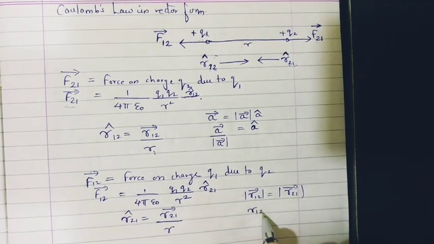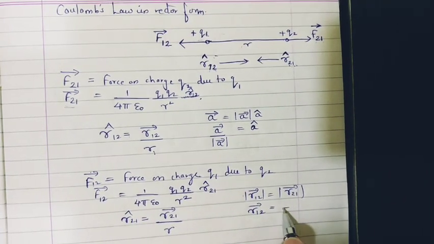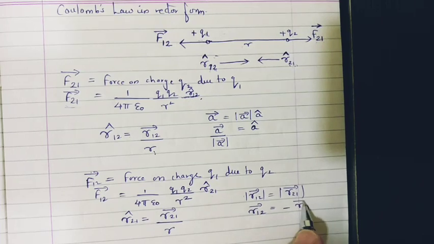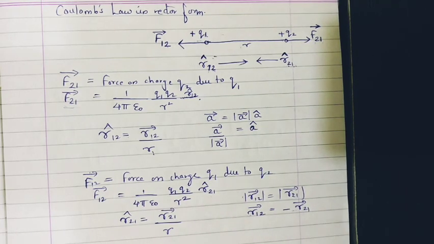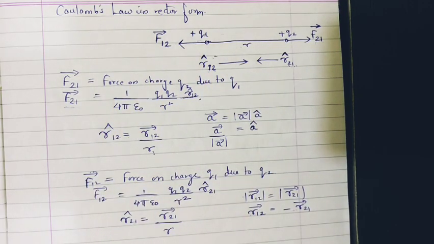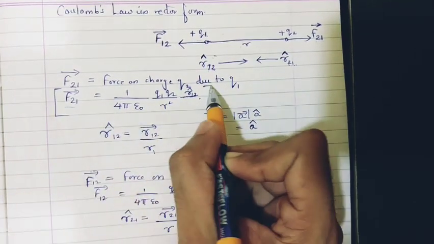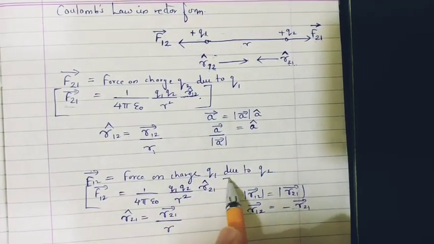So that is basically R12 is equal to minus of R21. When you write the two vectors, their magnitudes are same, but their direction is different. So we put it as a negative, correct? So it represents the opposite direction. So this is your Coulomb's law in vector form. So this is the statement for the first force. This is the statement for the second force.